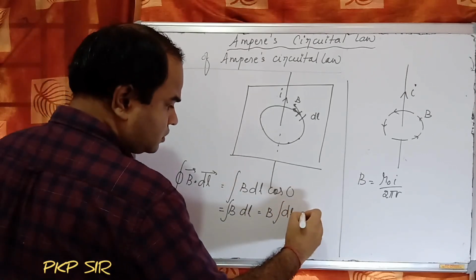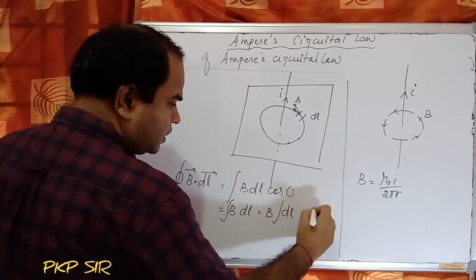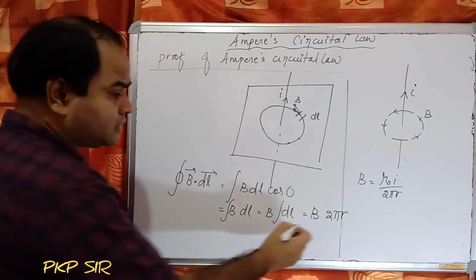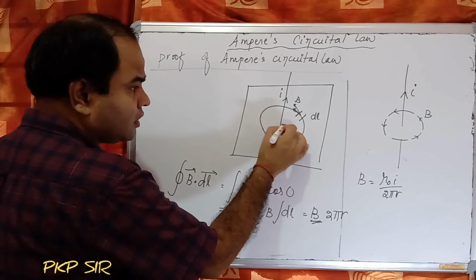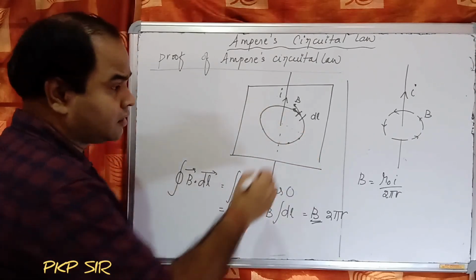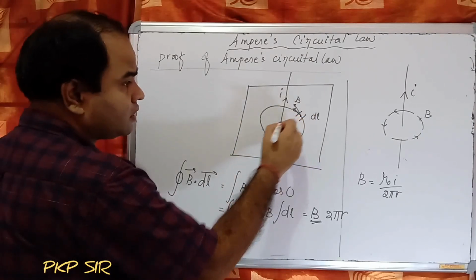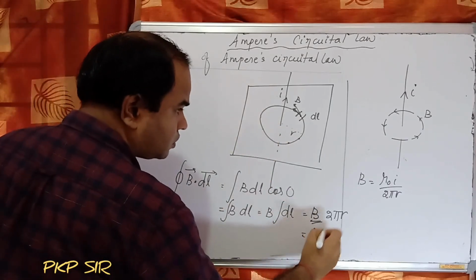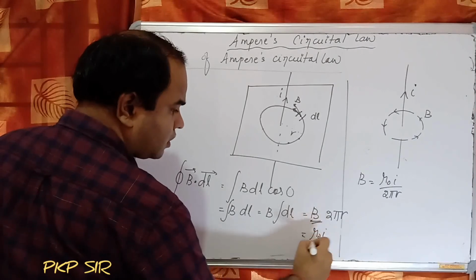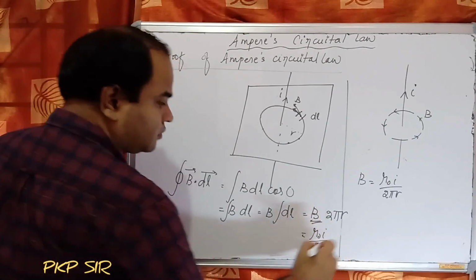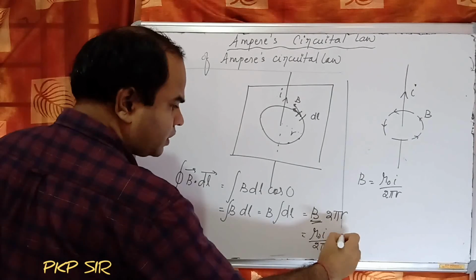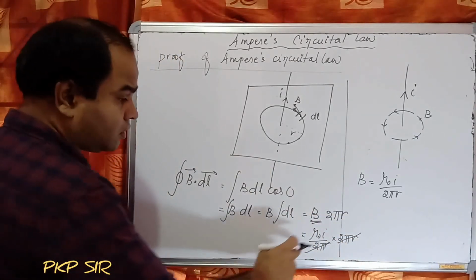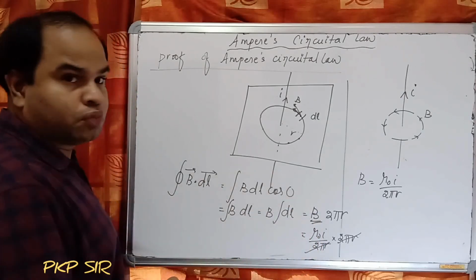So this is B into 2 pi r. What is the value of magnetic field? Since the radius is r, the magnetic field at this point is mu naught I by 2 pi r. So the 2 pi r cancels, and what remains is mu naught I.